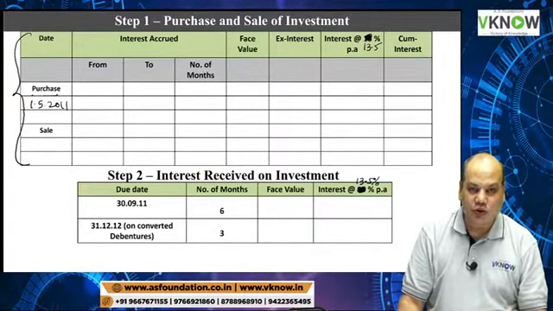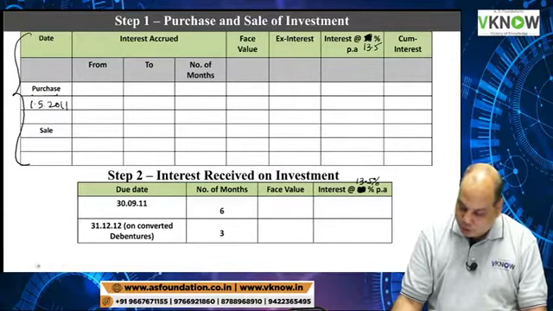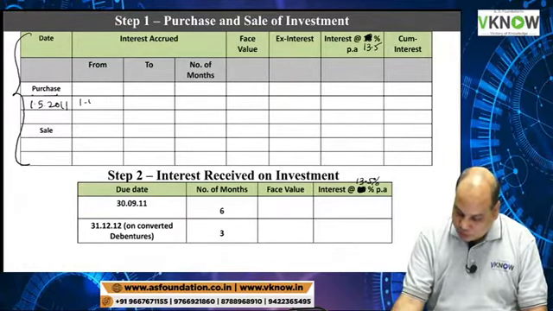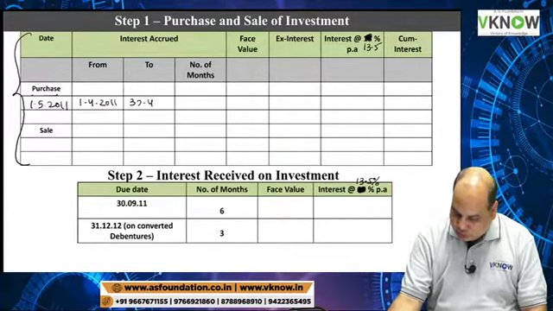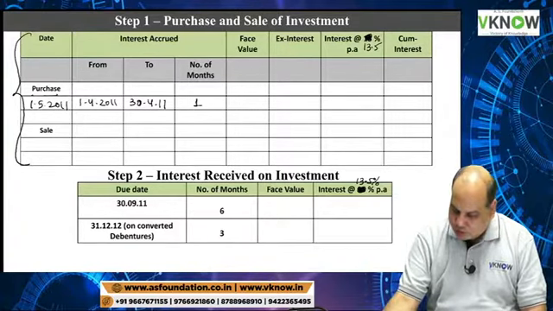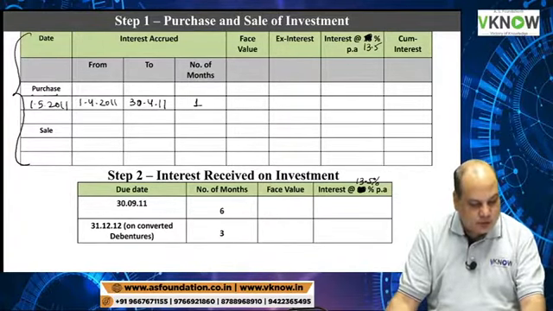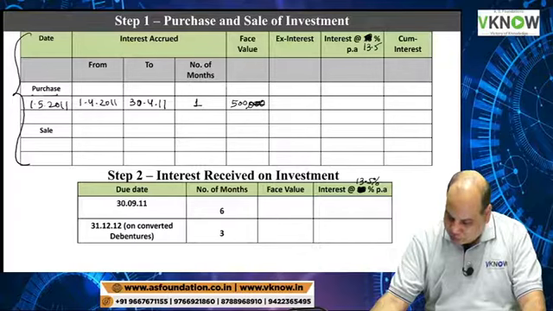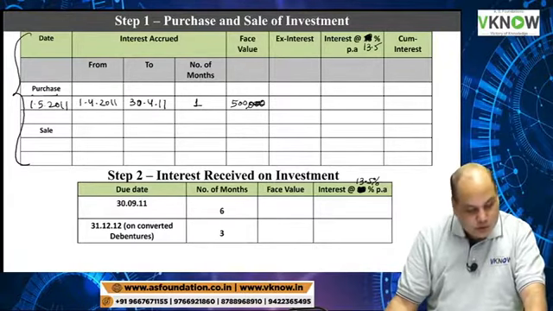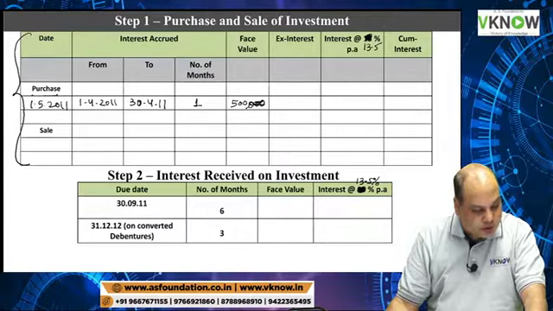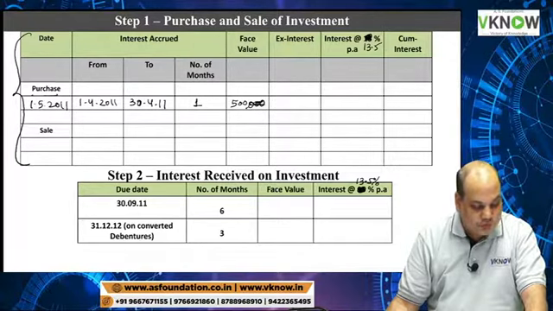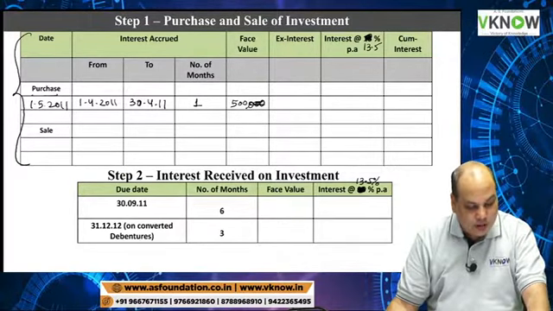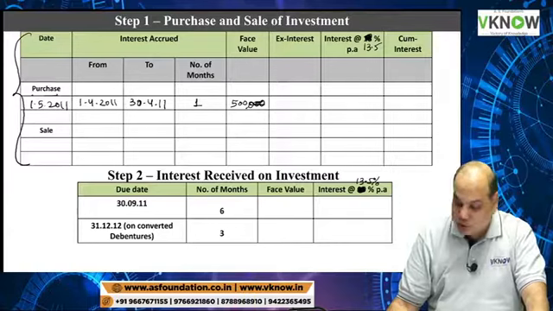So up to 31st March is over, interest will start accruing from 1st April 11 to 30th April 11, only 1 month. First line of the question, face value is 5 lakh, and just check whether it was purchased ex-interest or cum-interest. Nothing is given, so therefore we will take ex-interest. 5 lakh means 5,000 debenture, 5,000 into 105.